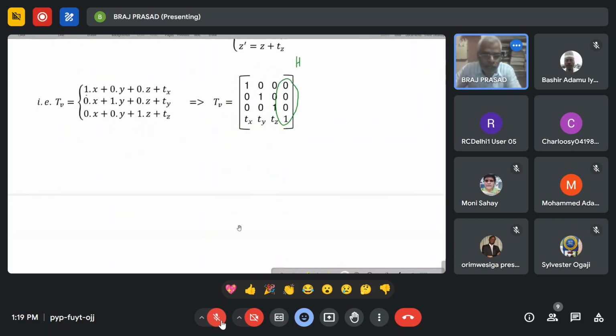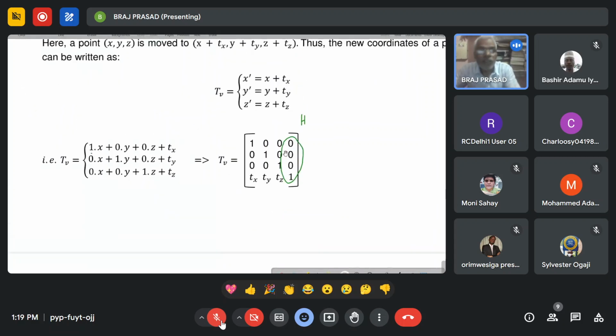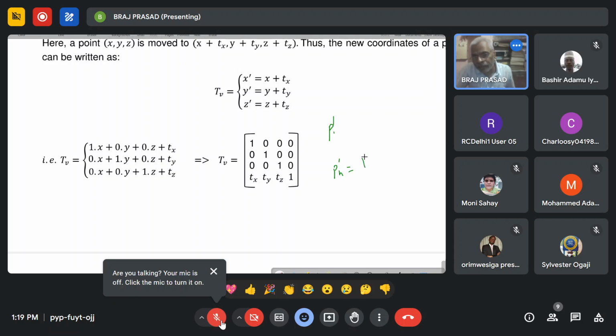So this is the translation vector for 3D. And if you have the coordinate of any object Ph, then you can calculate the coordinate of P dash h with the help of the formula. This formula is universal: P dash h equals Ph dot Tv.